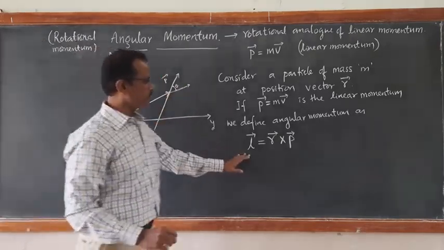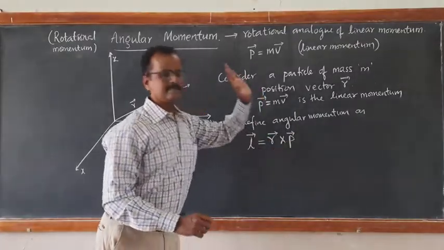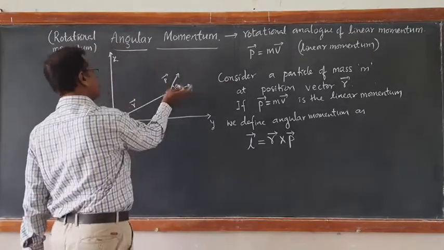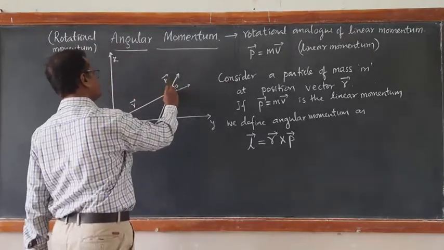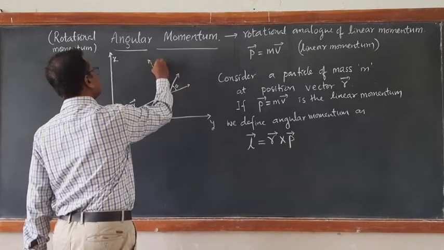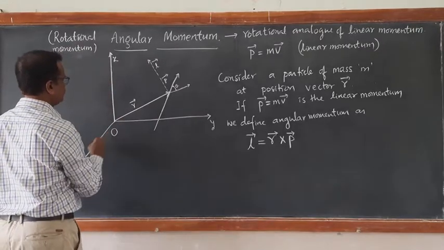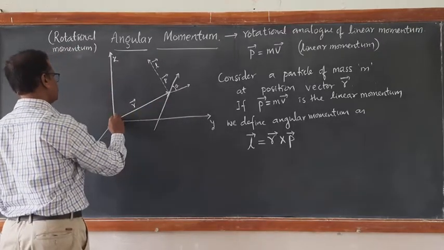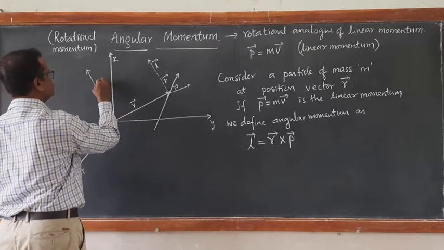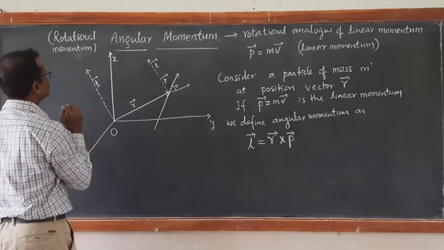This angular momentum is perpendicular to both the position vector as well as the p vector. If you turn r towards p, this gives you the direction of the angular momentum L vector. With respect to the origin, this becomes the direction of angular momentum, that is L vector.